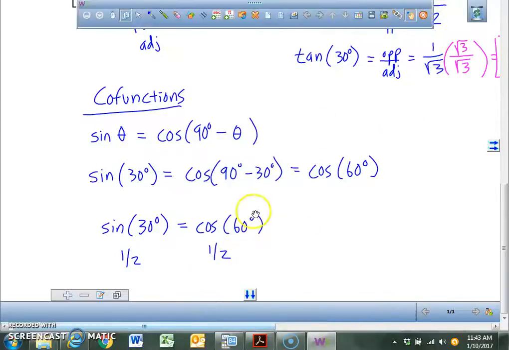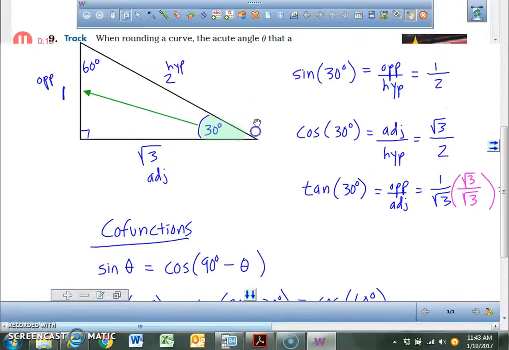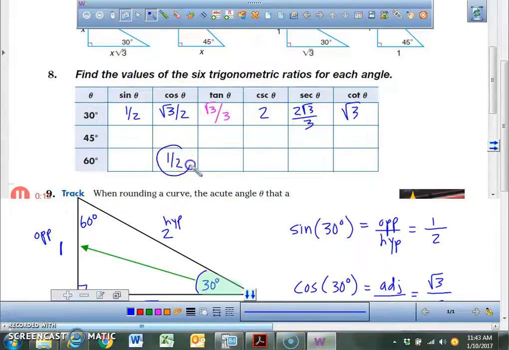So let's take this information. You're going to scroll up right here, 60 degrees, cosine of theta, and put a half, because this is the cosine of 60 degrees, which will end up equaling a half.